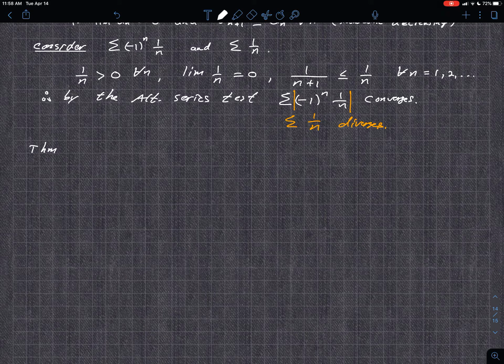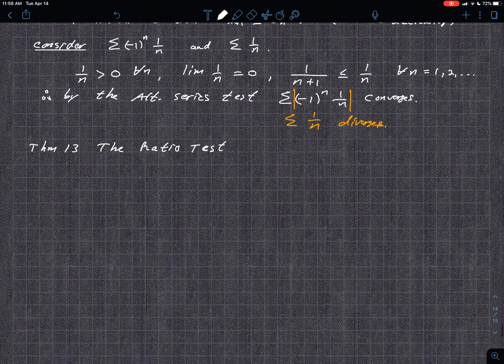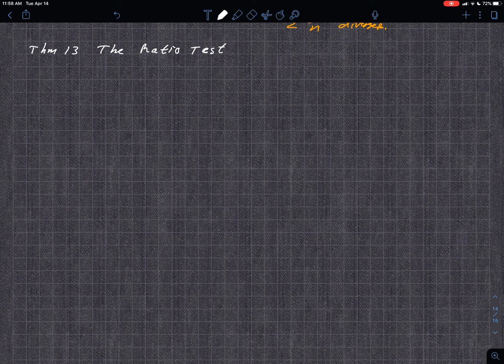Okay, let's go on to the next, the ratio and root test. Okay, so this is the ratio test. So next theorem, I guess it's theorem 13 in the book. This is called the ratio test. So for the ratio test, let a sub n be positive for all n.